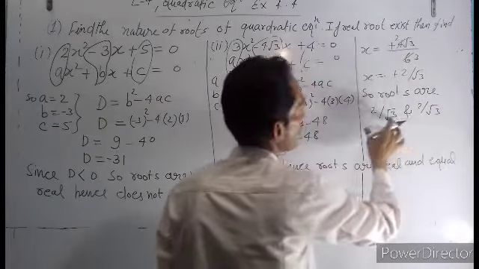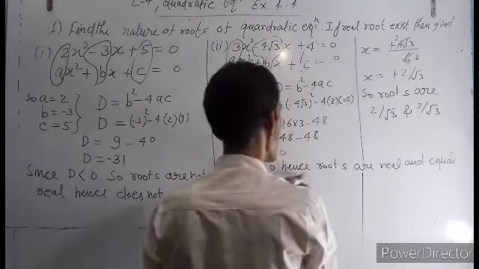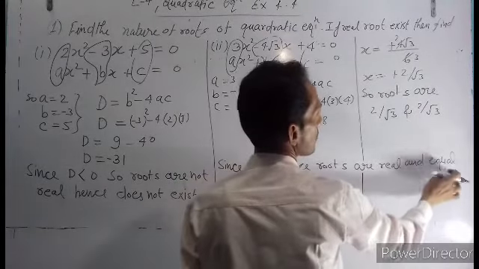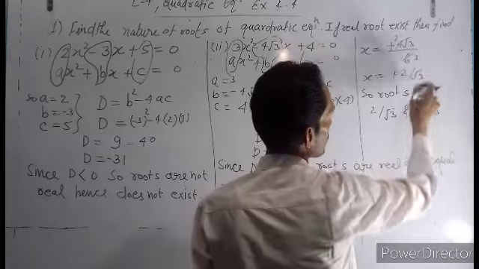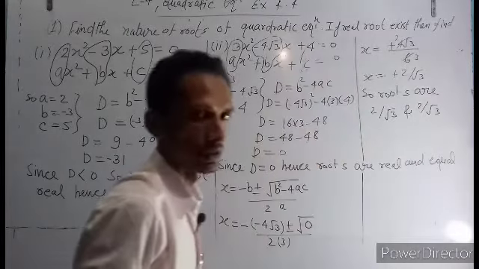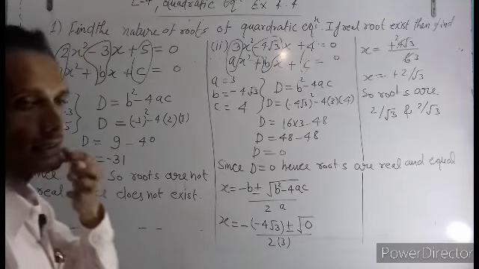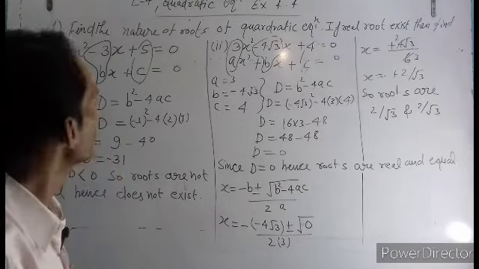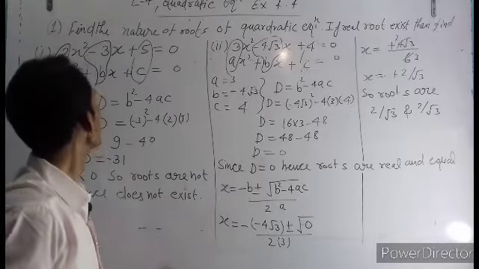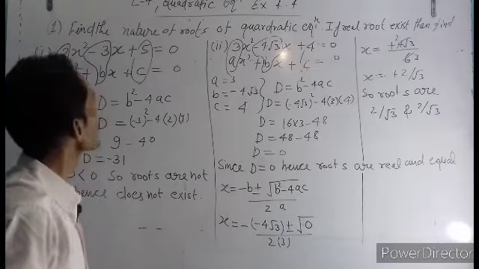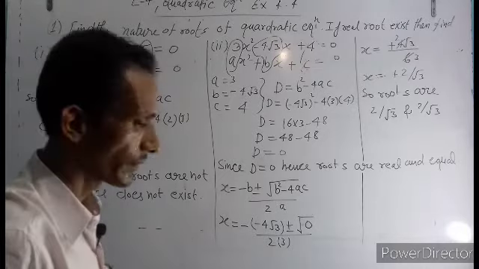Why have we written both the same? Because the roots are real and equal. If the first root is 2 by root 3, the second will also be 2 by root 3. A quadratic equation has two real roots. In this way we can find the real roots of any quadratic equation.